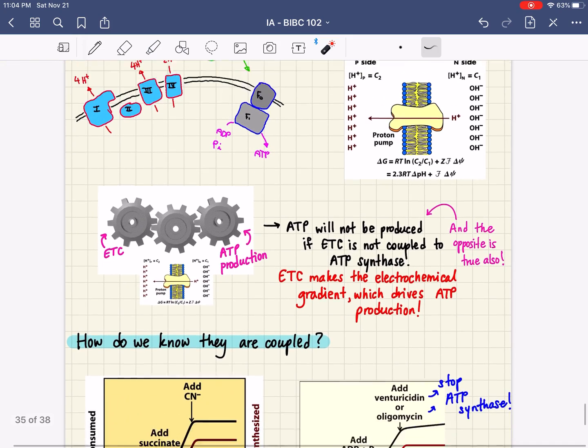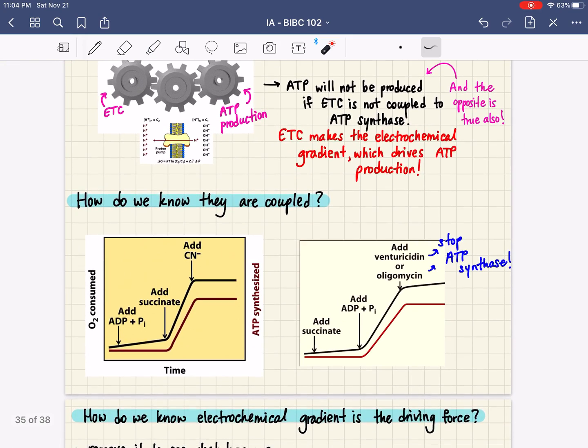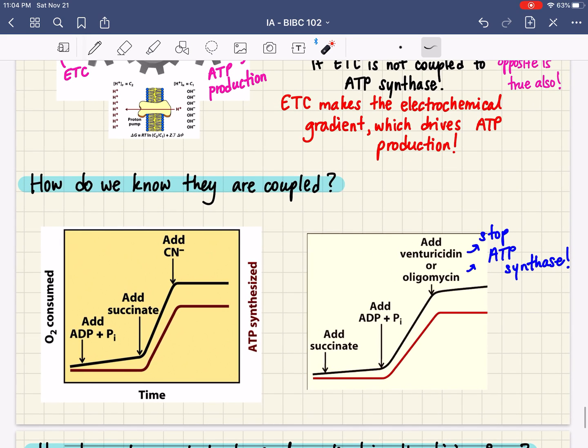Okay, now how do we actually know that these two are coupled? Well, researchers are able to measure oxygen consumption.